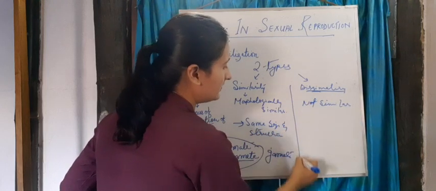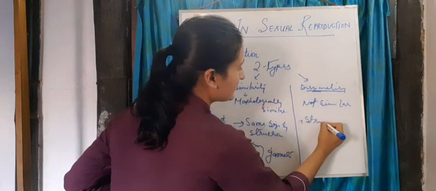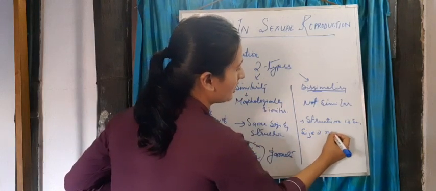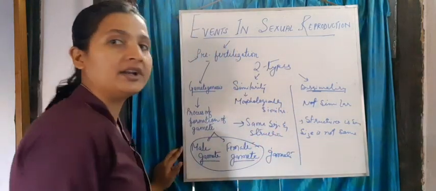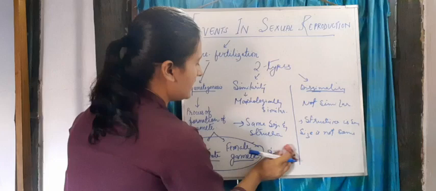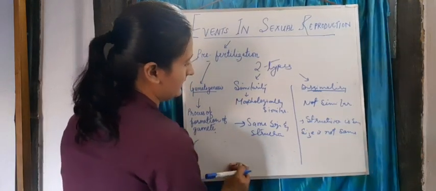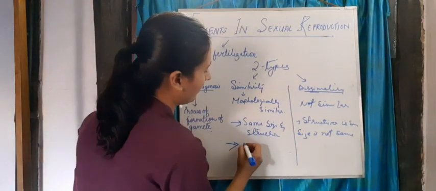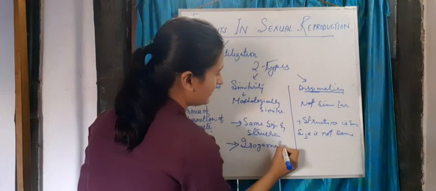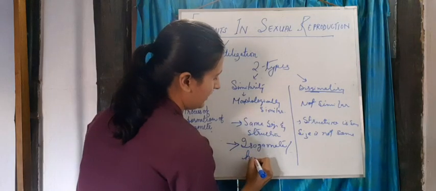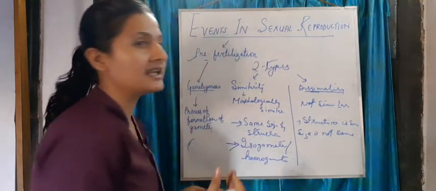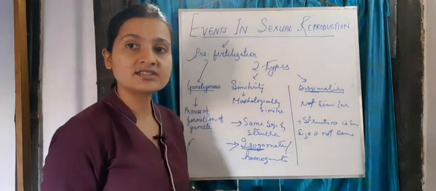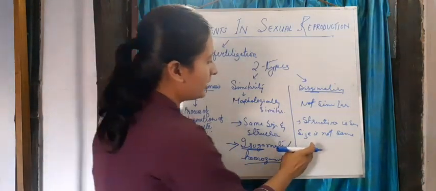But in another type, their structure is the same but the size is not the same. The gametes which are the same in size and structure are called isogametes, or another name for this is homogametes. Homo means same, and iso means similar.